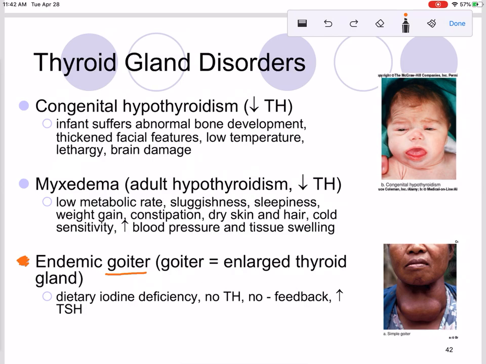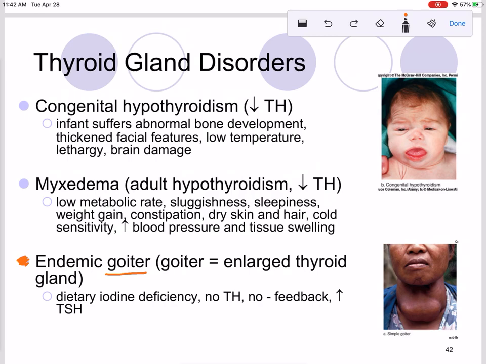One thing that we didn't talk about was, in order for the thyroid gland to do its thing, a person has to be ingesting or getting enough iodine. If, let's say, you had a diet where you were not getting enough iodine, your thyroid would not be able to do its job well enough.